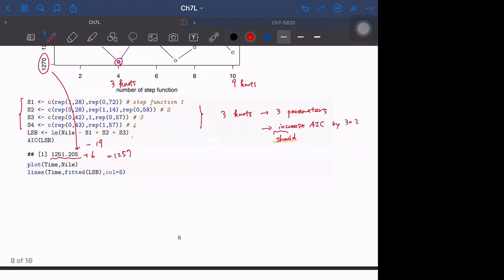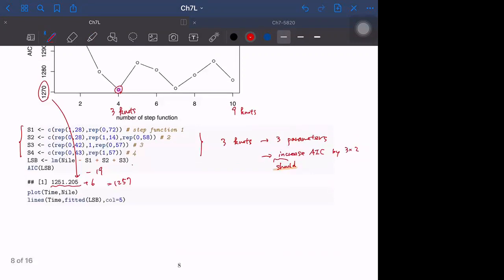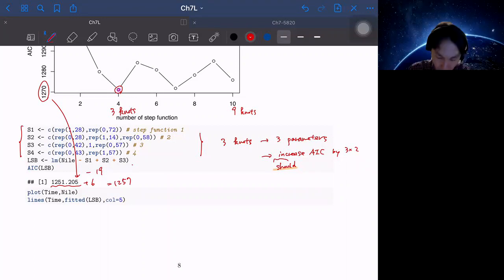But sorry, Professor. Why didn't we consider those 6 parameters in the AIC? Because the code has some problem. When we fit this model, we just hand-picked 3 nodes, and we defined S1 to S3. And then we put these 3 variables in the LM function.